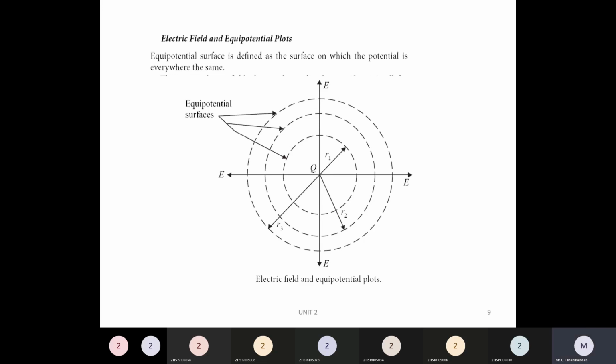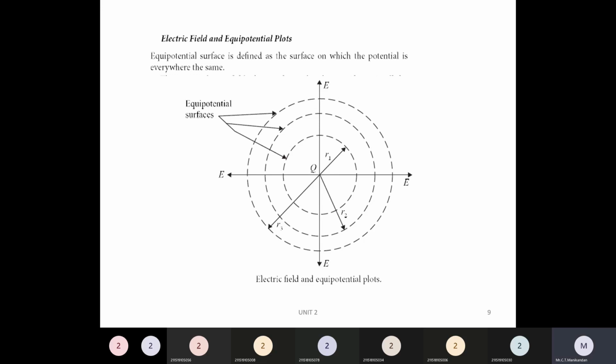Coming downwards, there also it shows the same potential. So I can draw a circle through those points. Where all the points have the same potential, I can circle that part, and that surface is what we call an equipotential surface.